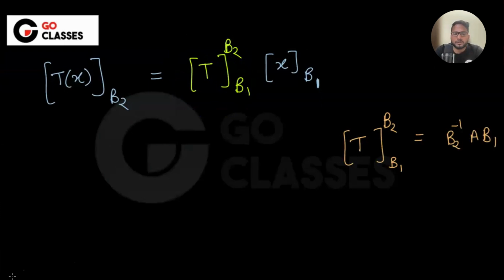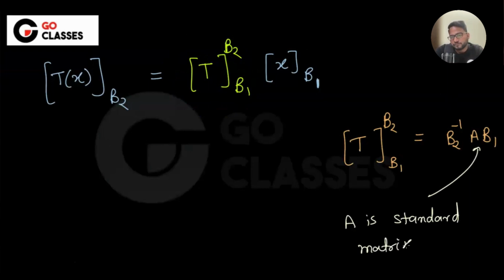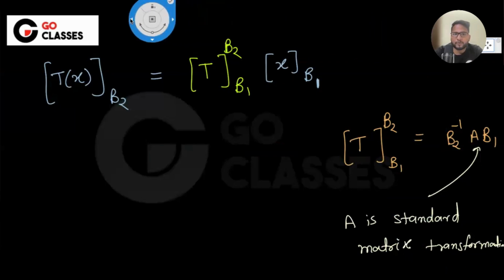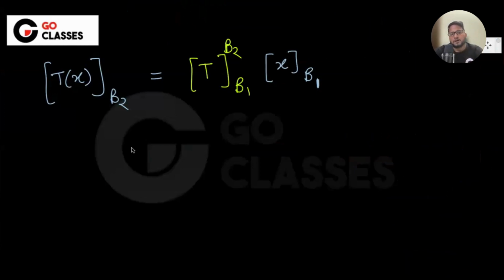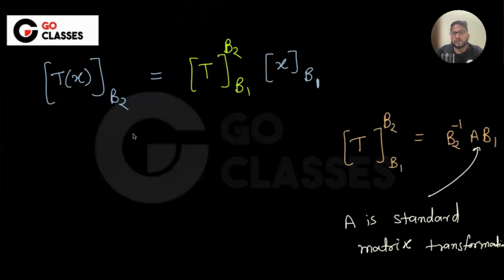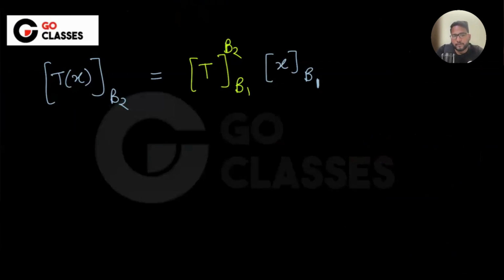You already know this, where A is the standard matrix of the transformation. Let me know if there is any issue with this particular notation. I hope that is fine, right? Now let's try to understand this a bit more.